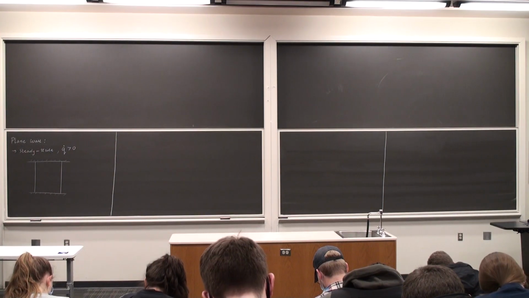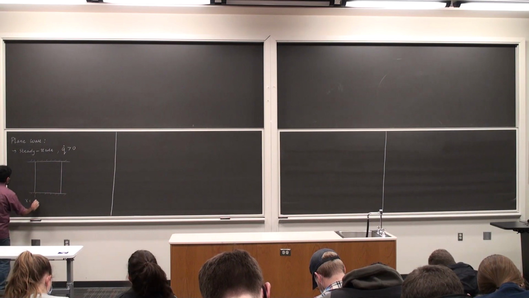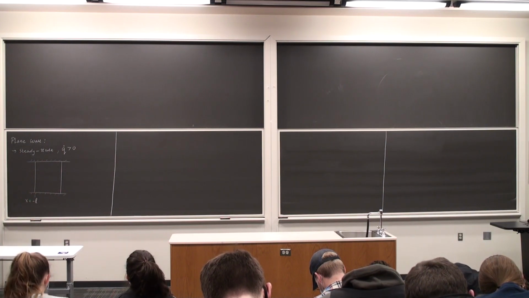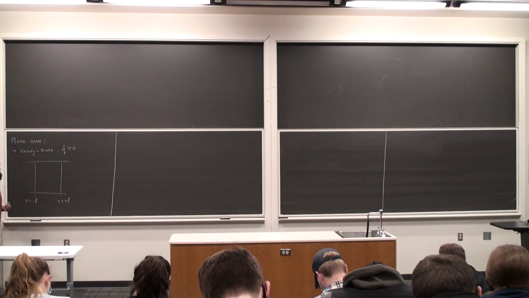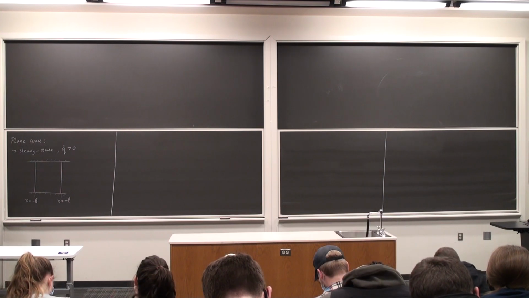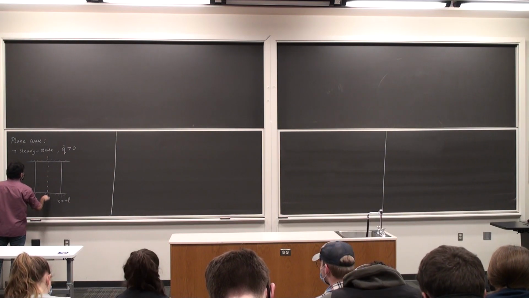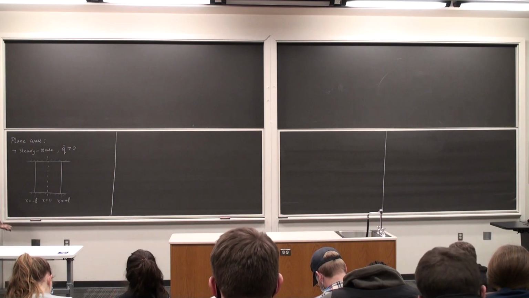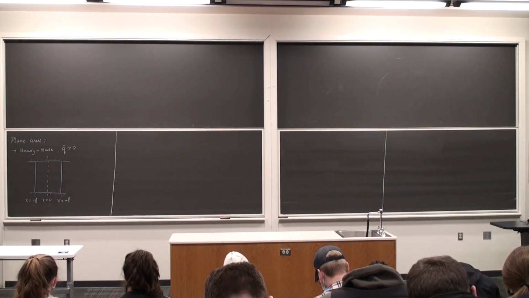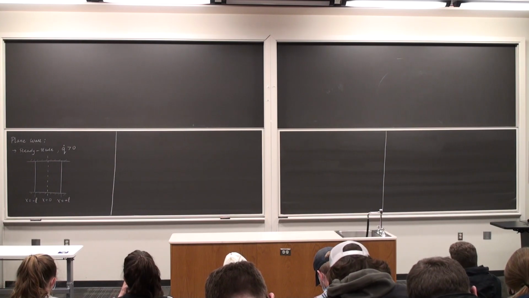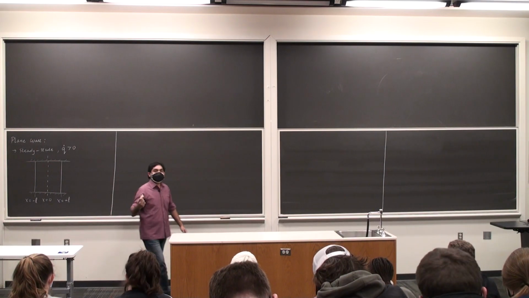Alright, so the left side of the wall is x is equal to minus L, that's the location. The right side of the wall is x is equal to plus L. The center line of the wall is x is equal to 0. Okay. And you are given the Dirichlet boundary conditions on the left and the right side. So which means you're given the temperature at the left and the right side.